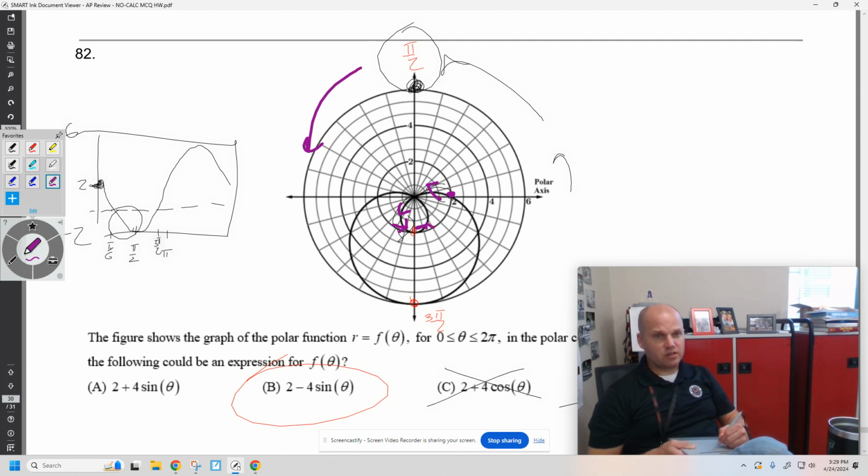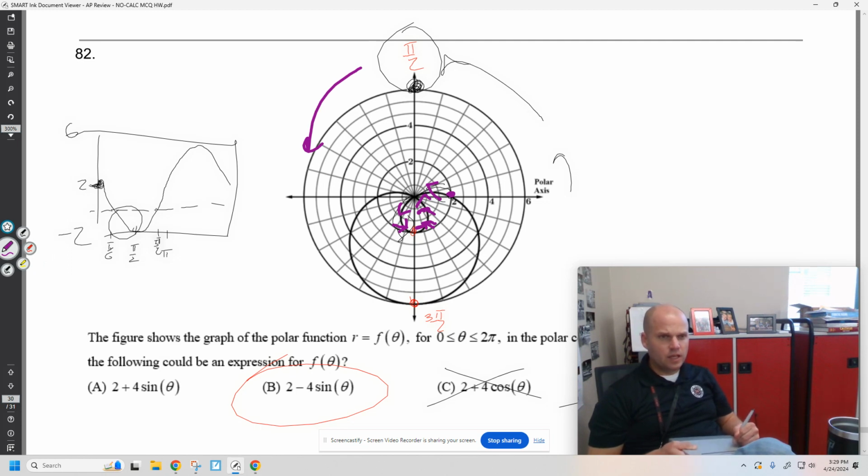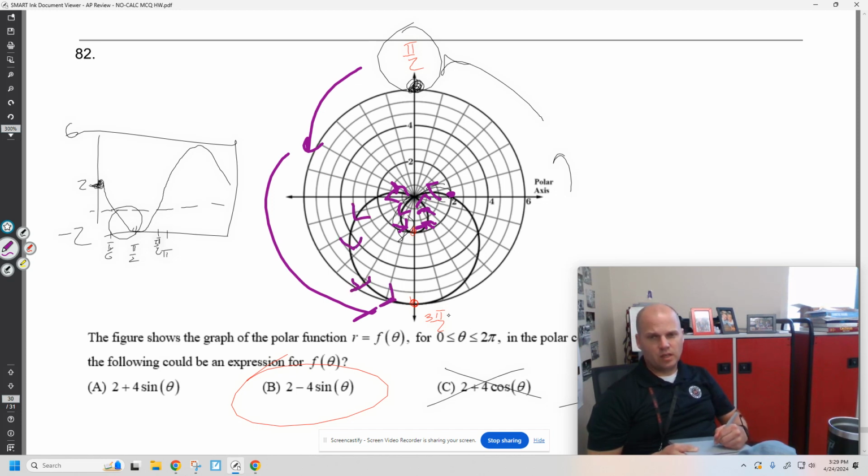Negative radiuses that are decreasing, they're getting closer to 0. And then 5 pi over 6 to 3 pi over 2. Positive radiuses that are increasing till the maximum. And then we finish off going back to 2.